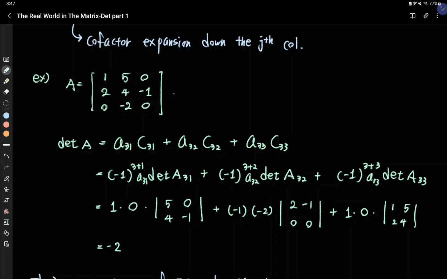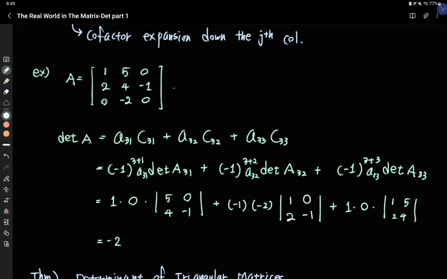We delete the third row and the second column, so we get the submatrix by collecting the leftover entries. Sorry, there was a typo, so it should be 1 0 2 negative 1, right? So deleting the third row and the second column, we got 1 0 2 negative 1 right here.